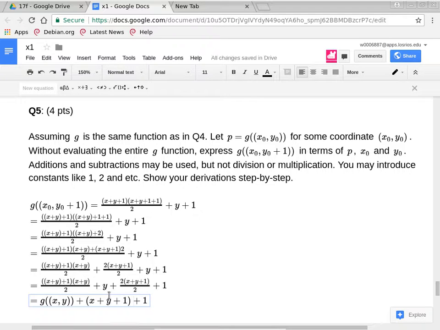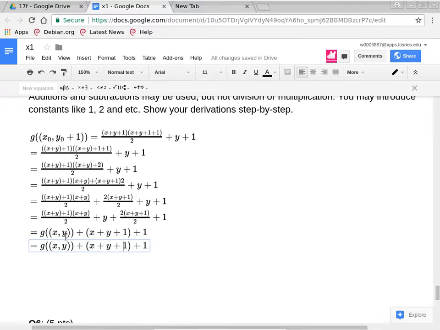Would that be okay? Gotcha. Okay. So we take this, and because this is how we define P, now this is P itself. x plus y plus 2. There we go. Is that okay or not?